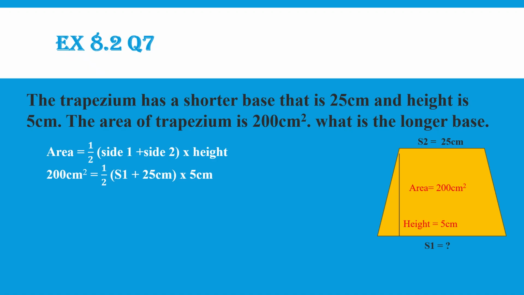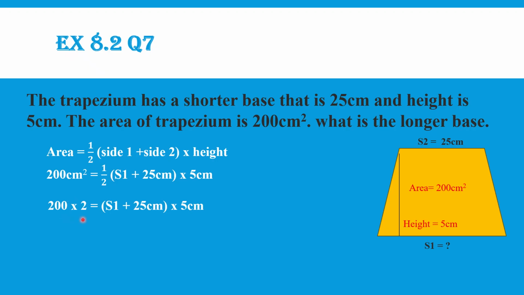Now let's put the values into this formula. We have area, that is 200 centimeter square, is equal to half into side 1, as it's not known to us, so we will write S1 over here, plus 25 centimeter, into 5 centimeter, which is height. In the next step, as you all know, this 2 is divided on this side, so it will be multiplied on the other side of the equality.